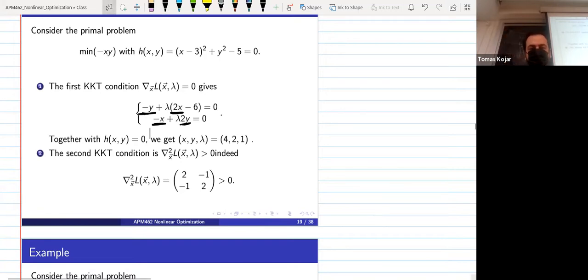And can someone tell me why this is positive definite? In 2 by 2, it's easy. Besides being Rui, because you should know this. Zoom people, anybody, can someone tell me why this is positive definite?